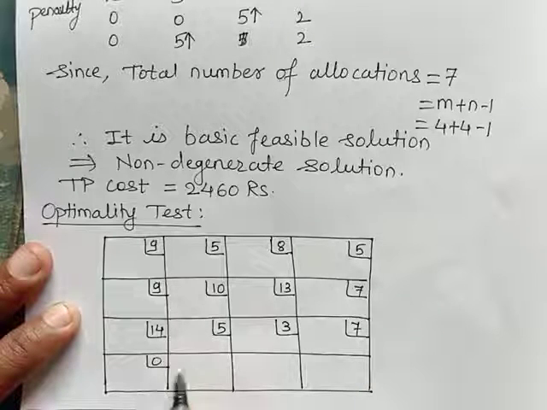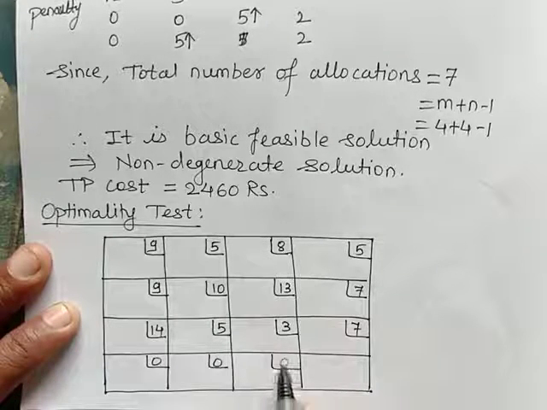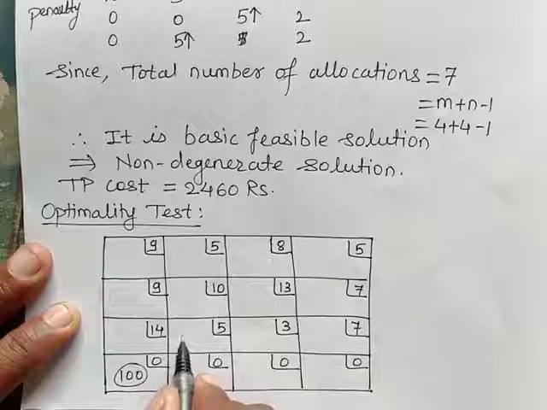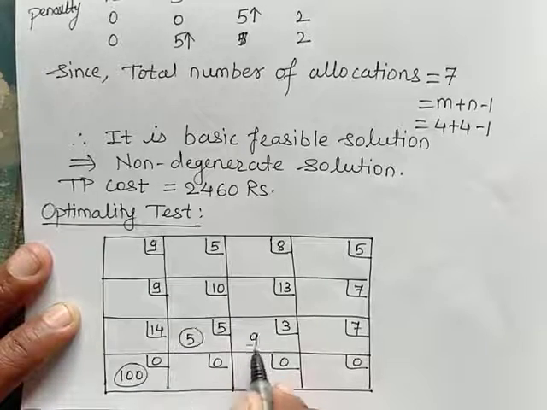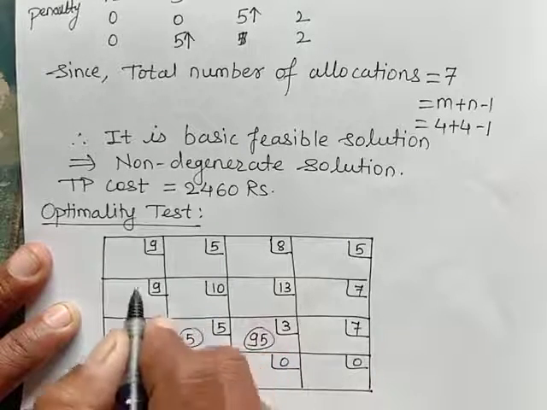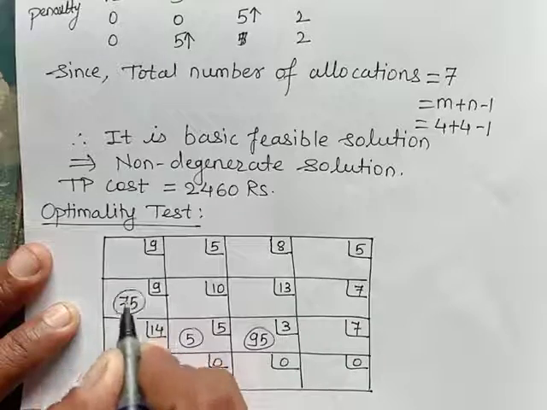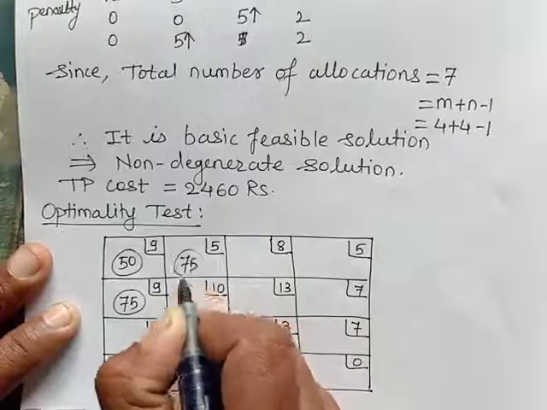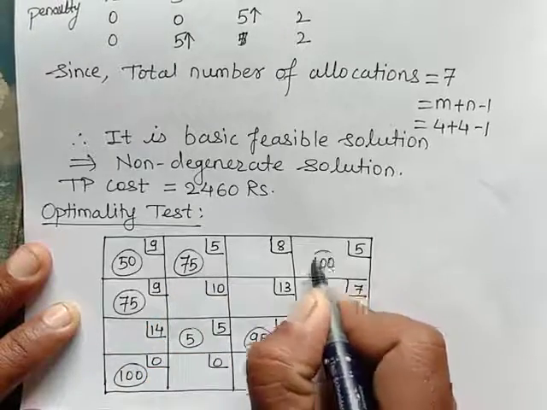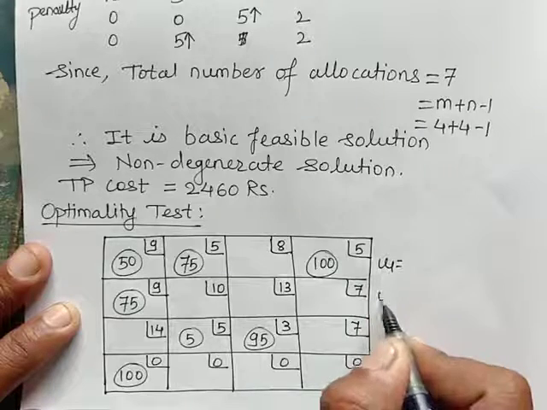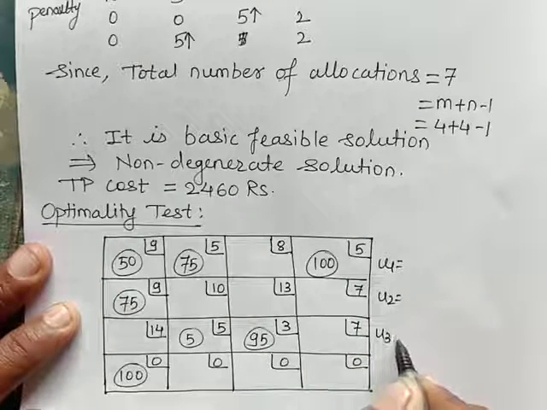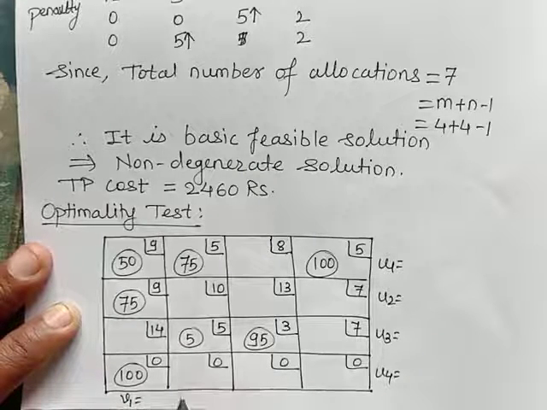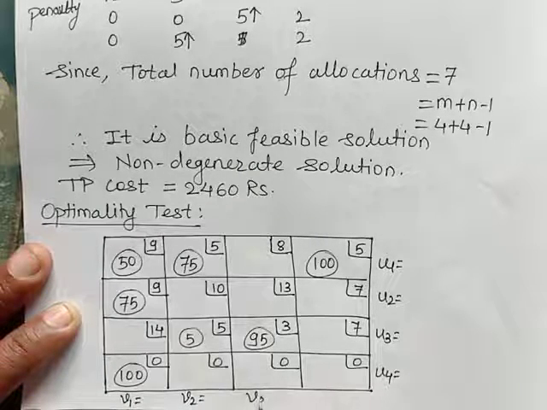Here zeros. And the allocations are here 100, here 5, 95, then 75, then 50, 75, 100. Then U1, U2, U3, U4, V1, V2, V3 and V4.